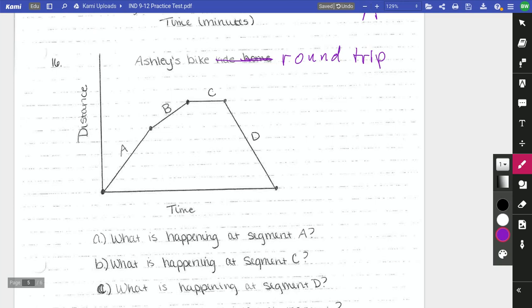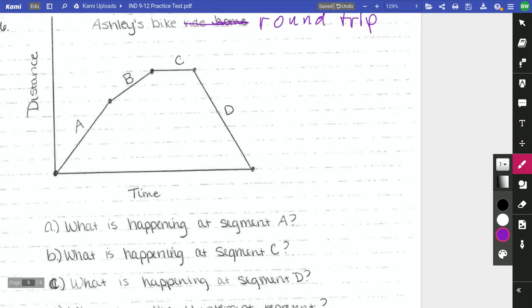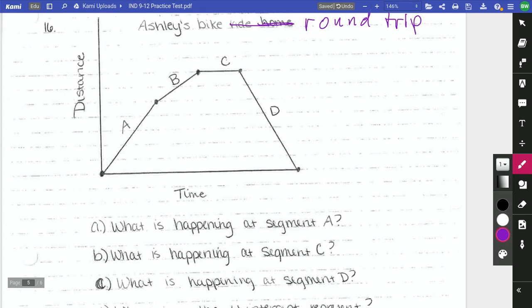There's no actual numbers here. So this is a little easier, but in a way a little harder. If there was times, we would say, okay, she rode for 30 minutes. And during that 30 minutes, she rode a certain distance, 5 miles or something. But it doesn't have anything. So we'll just say she rode at a steady rate. We can say that much.